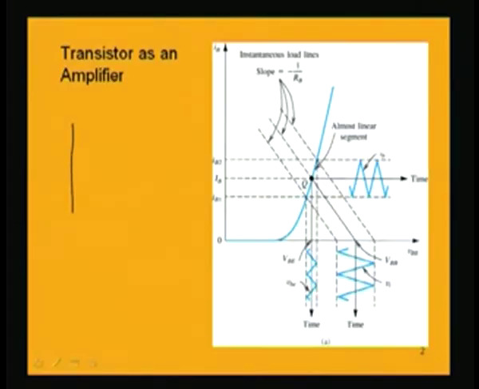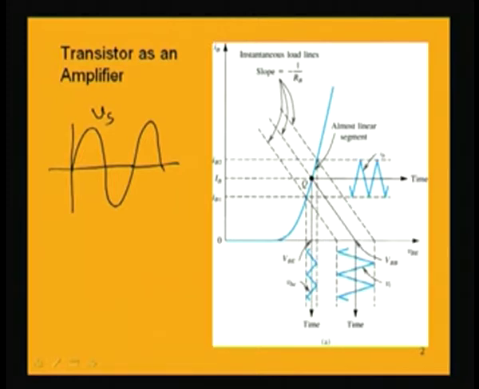When the input biasing current is large enough, because of the application of a signal at the input which has a high peak to peak value, the biasing current in the transistor will also be high.